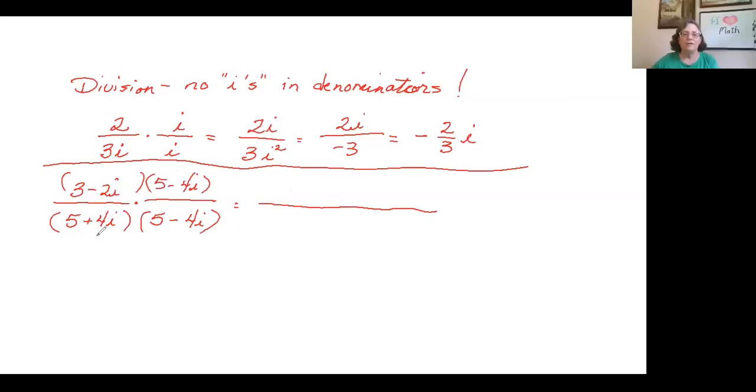If I FOIL out the denominator here, I'm going to get 25 minus 20i plus 20i minus 16i squared.